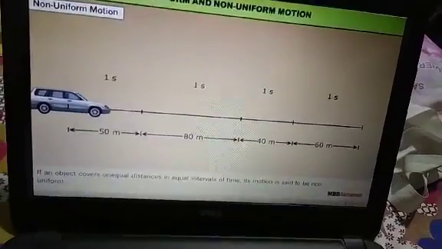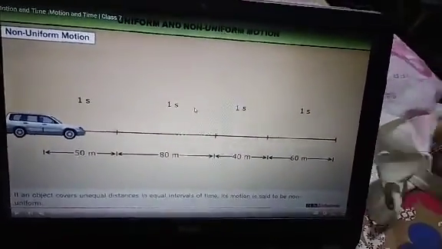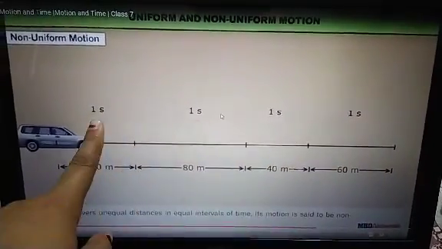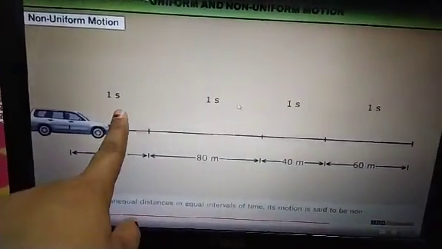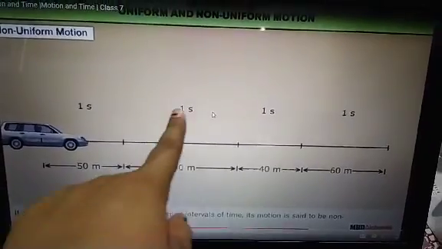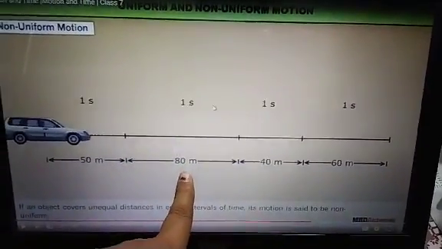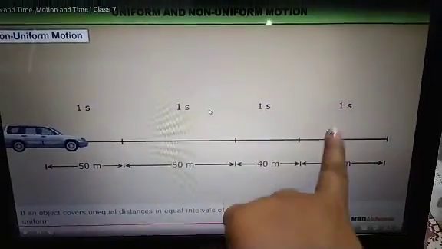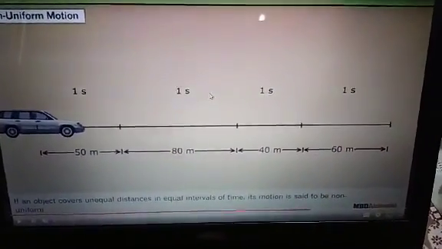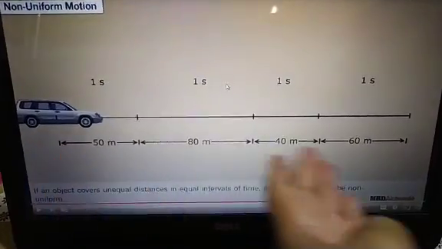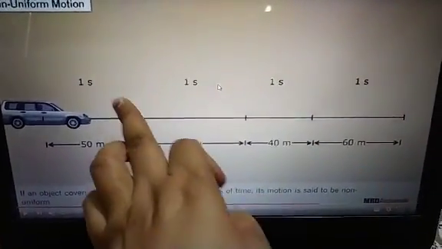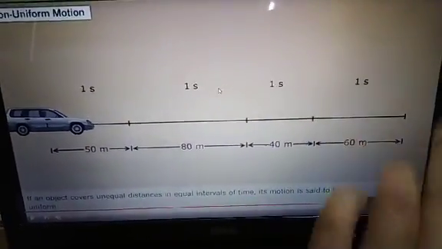Non-uniform motion, just look at this example. 1 second, 1 second, 1 second, 1 second means time will remain same, but the distance covered in the first second is 50 meter, in the next second is 80 meter, right? In the next second it is 40 meter, in the next second it is 60 meter. You can easily see over here that unequal distances are covered in equal intervals of time.